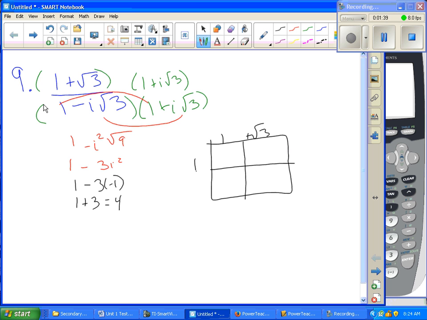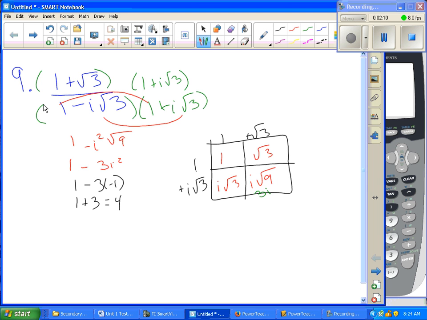Oops, I left off the... Oh, there is no i on that one, okay. So 1 times 1 is 1. And then here I get a root 3, i root 3, and then another i root 3, and then this one, root 3 times root 3 is root 9, which would simplify to 3i. So pulling it out, it doesn't look like there are any like terms that I can combine on this one.